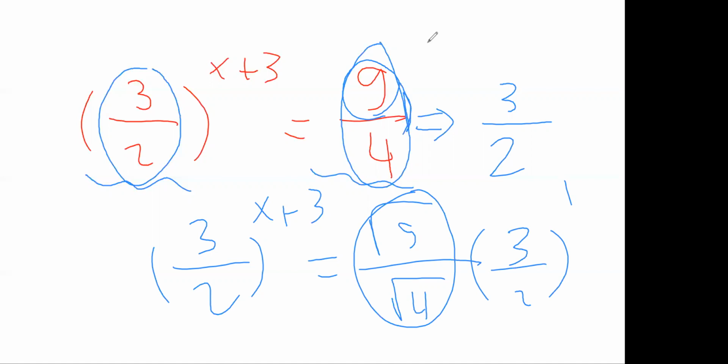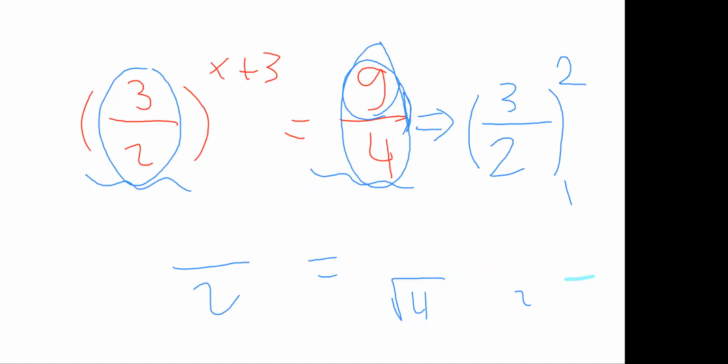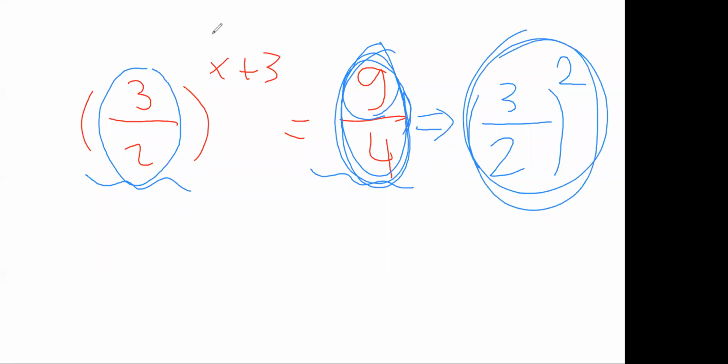Couldn't you remember to do what? I put power 2, because when I say 3 power 2 equals 9, 2 power 2 equals 4. So you didn't change the number. This one equals exactly that one. But instead of writing 9 over 4, I remove 9 over 4 and write 3 over 2 all power 2. 3 power 2 is 9, 2 power 2 is 4; if I want to solve this one, I can distribute the power.